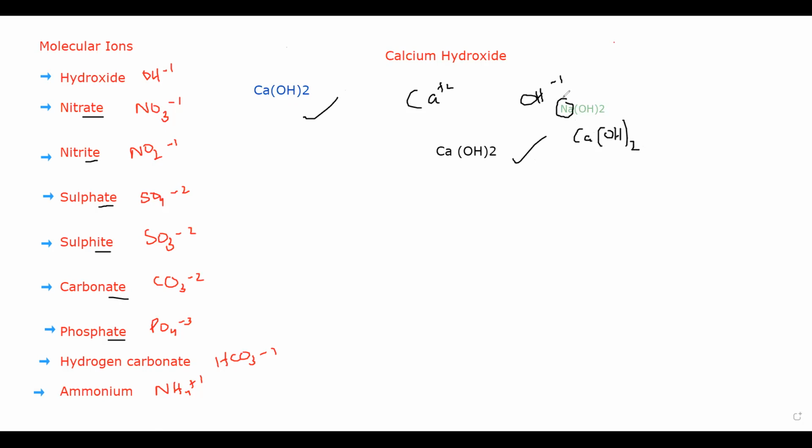So in calcium hydroxide, the 1 will come with calcium, and the 2 from calcium will come with hydroxide, so it is Ca(OH)2.